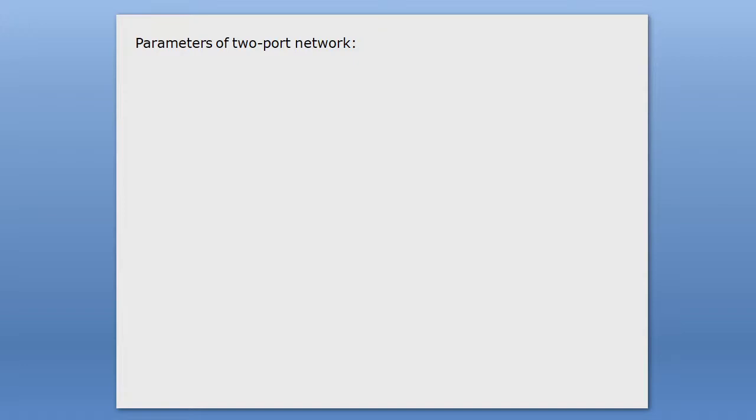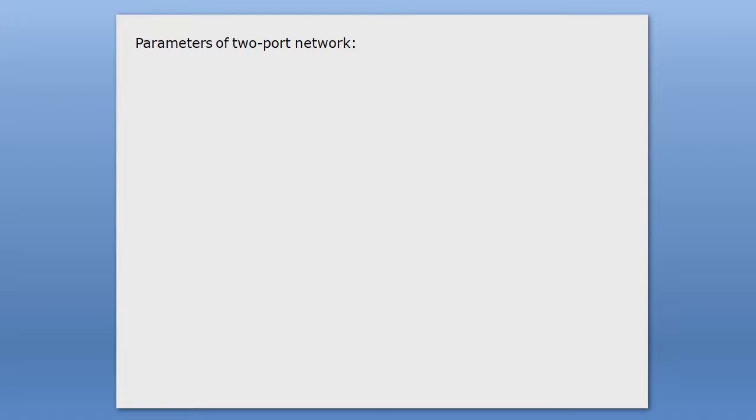Can anyone tell me the difference between variable and parameter? I have discussed this in an earlier class. I hope everyone completed the experiment on the output characteristics of a transistor, the study of output or input characteristics of a transistor.